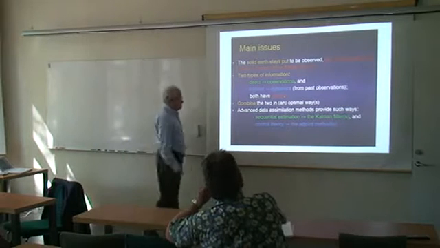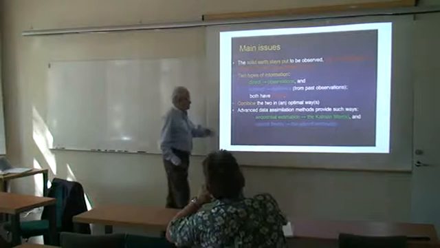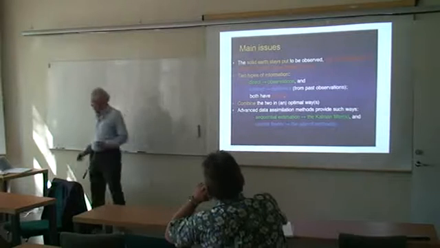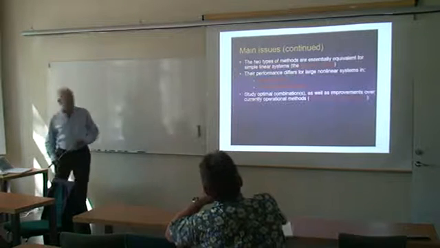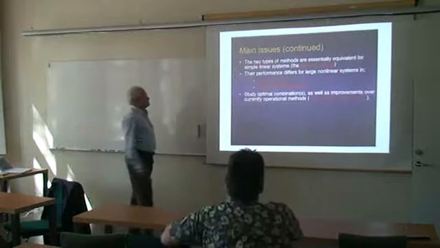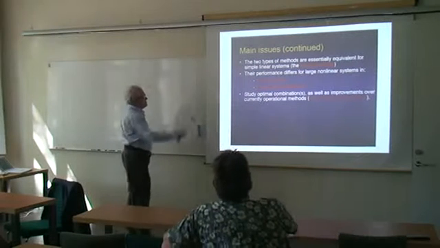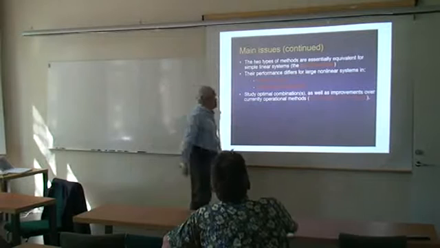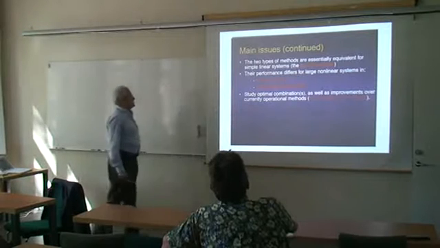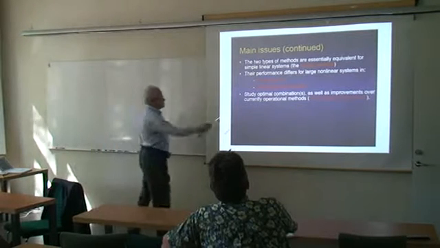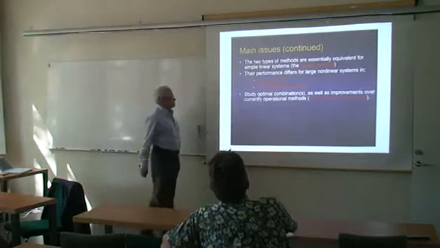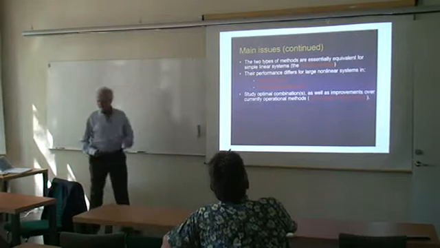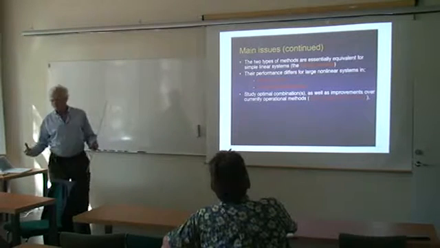And the other one is basically the control theoretical point of view, the adjoint methods. The two types of methods are essentially equivalent for simple linear systems, finite dimensional linear systems. That's the so-called duality principle. But their performance differs for large nonlinear systems in terms of accuracy and computational efficiency. And that's where the trade-off occurs.